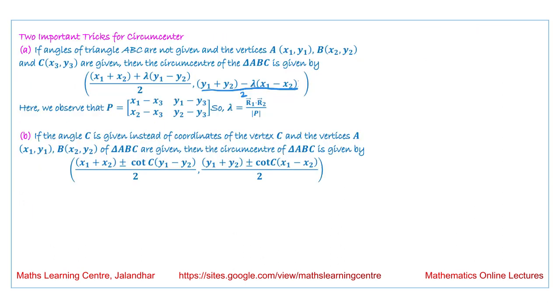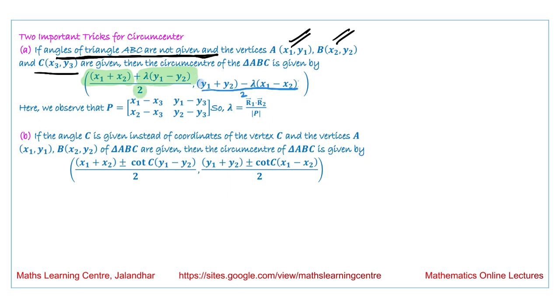So there are two more formulas given over here. The first is for the case where the angles of the triangle ABC are not given and we have to calculate the circumcenter. These are the coordinates given to us, A, B and C. Then the circumcenter is given by this formula: x is (x1 plus x2 plus lambda times (y1 minus y2)) divided by 2.